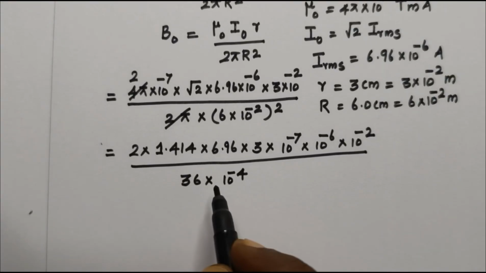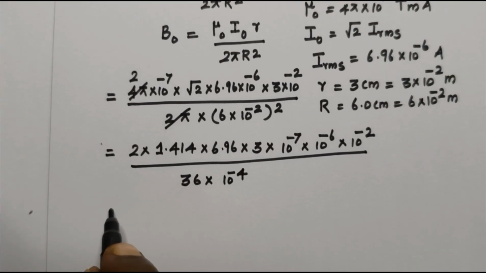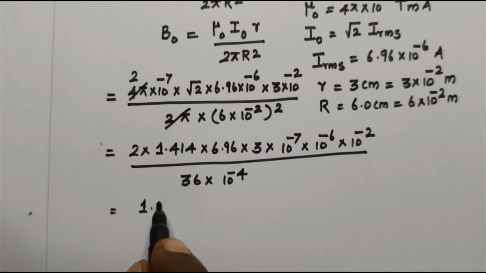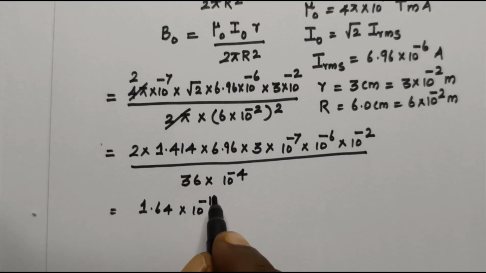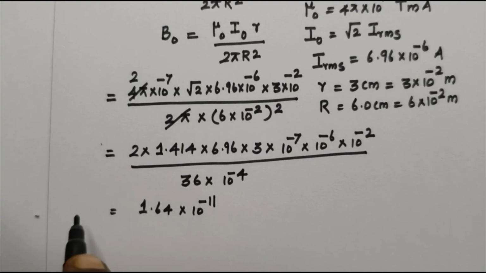So if we simplify this, we will get this is equal to 1.64 into 10 to the power minus 11. So this is the amplitude of the magnetic field.